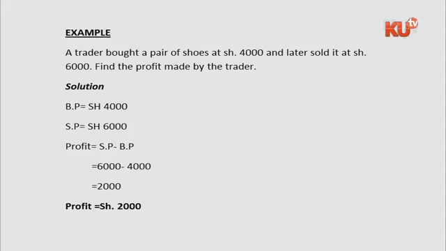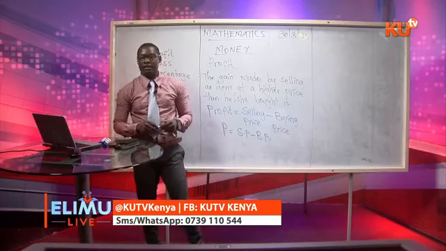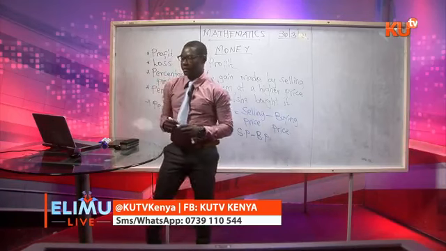I repeat the question. A trader bought a pair of shoes at 4,000 shillings and later sold it at 6,000 shillings. Find the profit made by the trader. So when we want to work out such a question, we first of all identify the main things in our question.